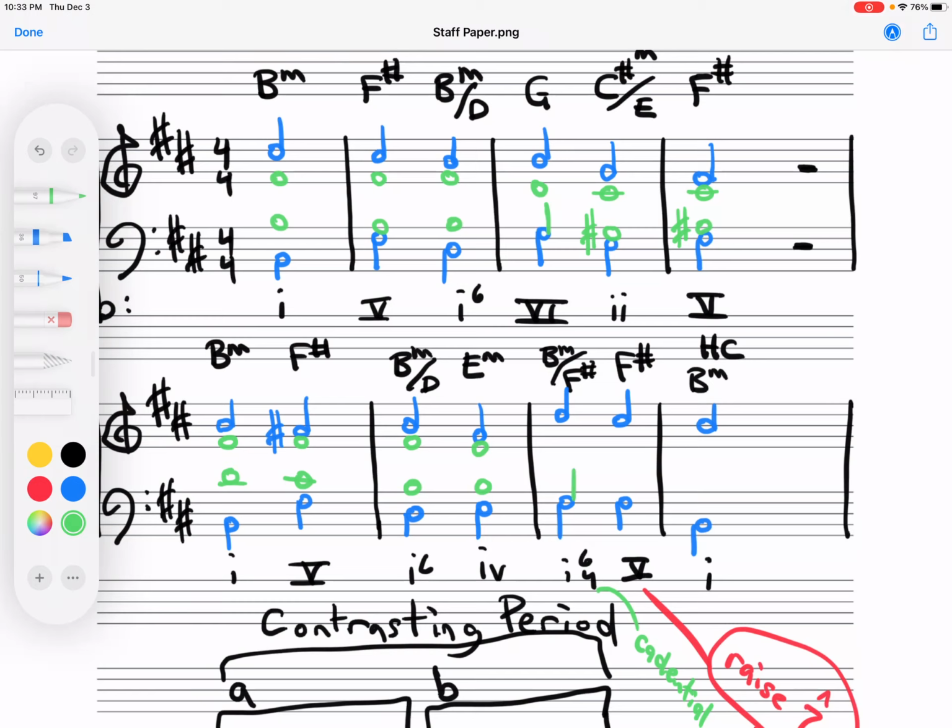Let's see if I can work this out with the alto. The alto, oof, this is a problem because you can see now, yeah, this is a problem. This isn't going to work because the alto would have to sing the B, and that would cause a spacing problem either way it goes, and plus it would have to have a giant leap.